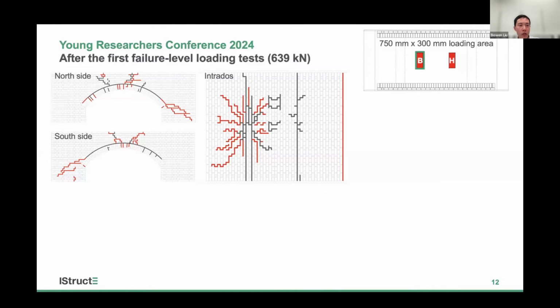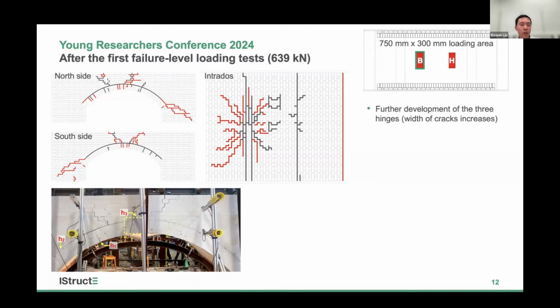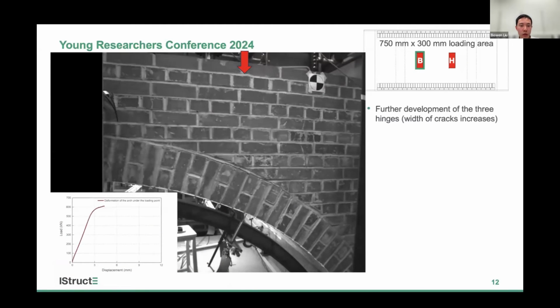At the same location, we performed the first failure level loading test. With the load increasing from high level to failure level, we found a further development of these 3 hinges. If you check the video, this video shows the opening of the crack of the first hinge, and also you can see the cracks on the spandrel wall and between the arch barrel and spandrel wall.